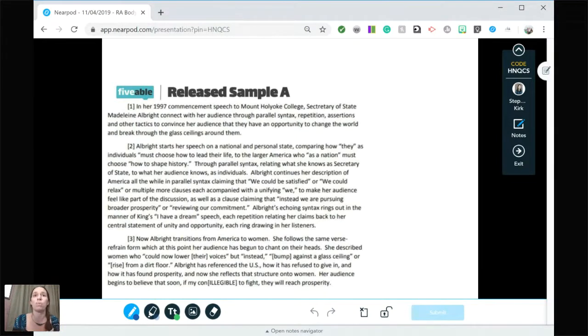Albright continues her description of America, all the while in parallel syntax, claiming that we could be satisfied, or we could relax, or multiple other clauses, each accompanied with a unifying we, to make her audience feel like part of the discussion, as well as a clause claiming that instead we are pursuing broader prosperity or reviewing our commitment. Albright's echoing syntax rings out in the manner of King's I Have a Dream speech, each repetition relating her claims back to her central statement of unity and opportunity, each ring drawing in her listeners.